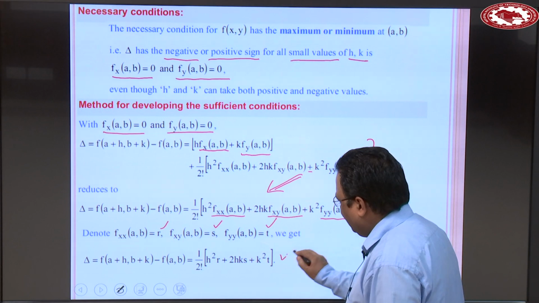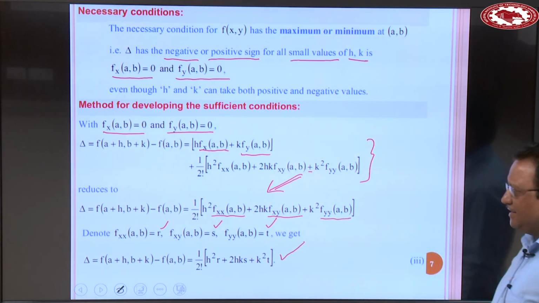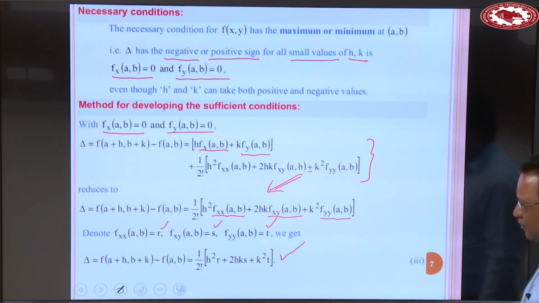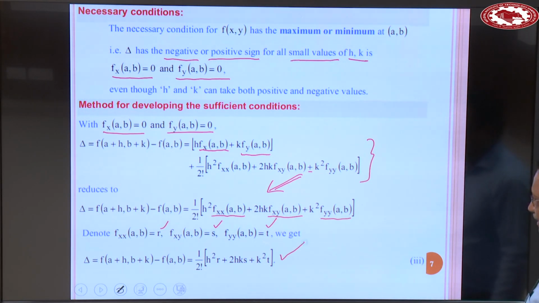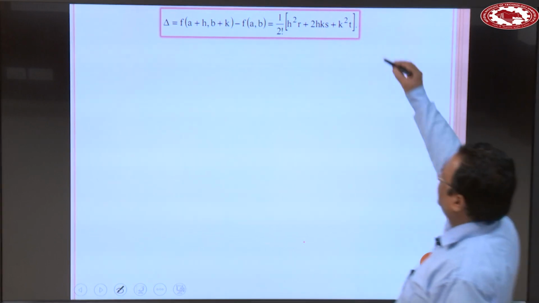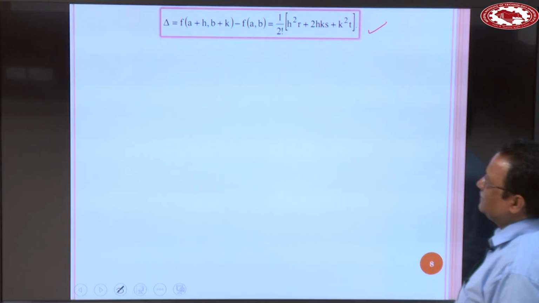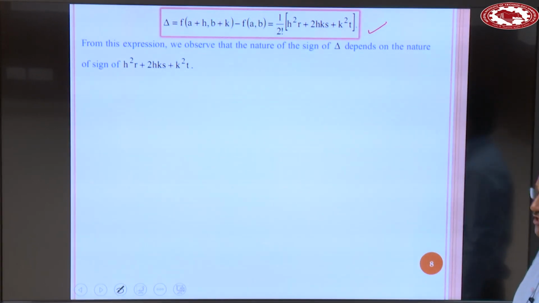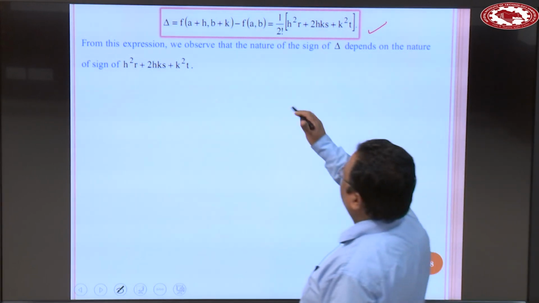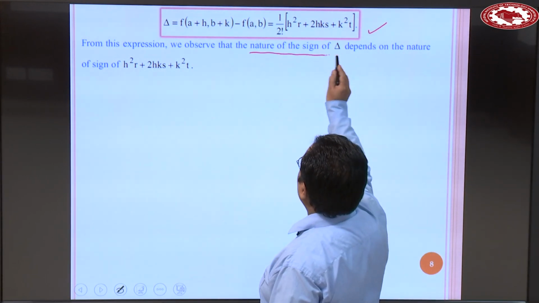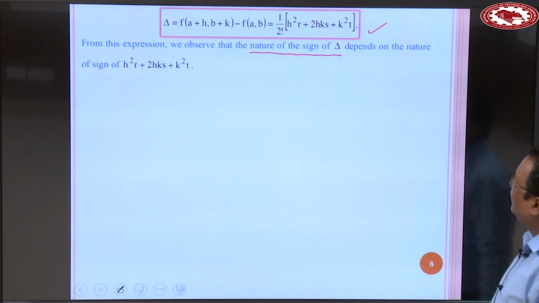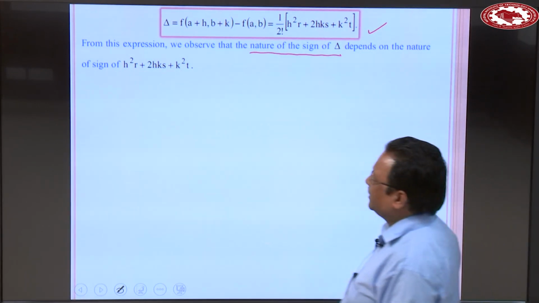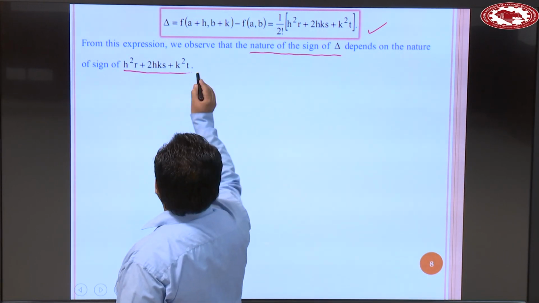So, we obtain only this expression, del is equal to 1 over 2 factorial [h square r plus 2 h k s plus k square t]. Now, from this expression, we observe that the nature of the sign of del depends on the nature of the sign of this term.